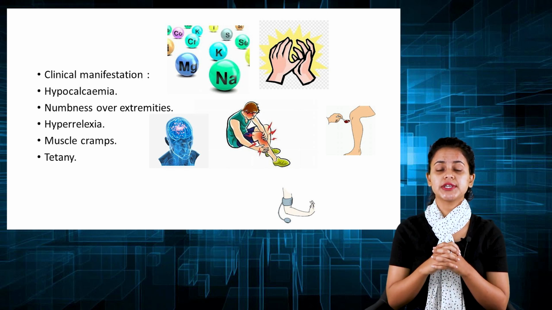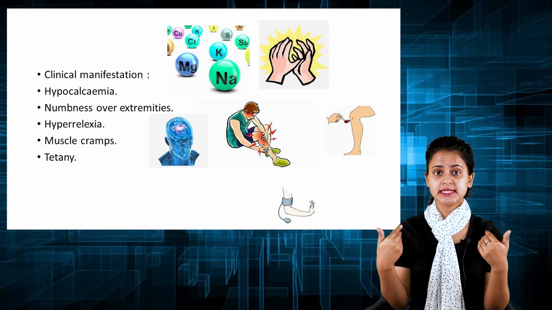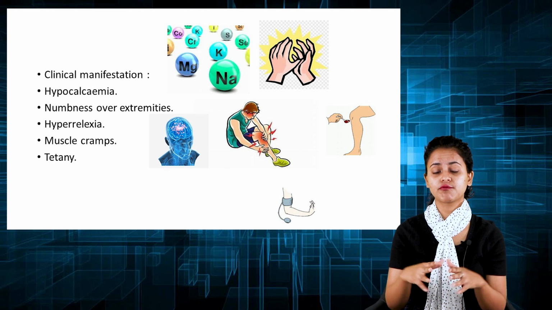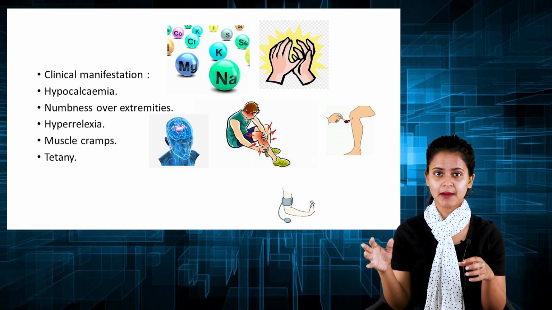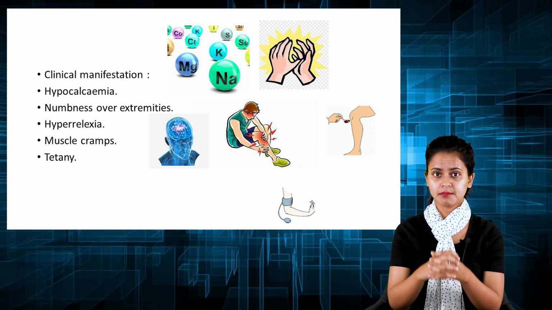The next condition is the development of signs and symptoms associated with tetany. Often the person with hyperphosphatemia will show features of tetany, and abnormal muscle cramps will be present in the extremities and in the facial muscles.